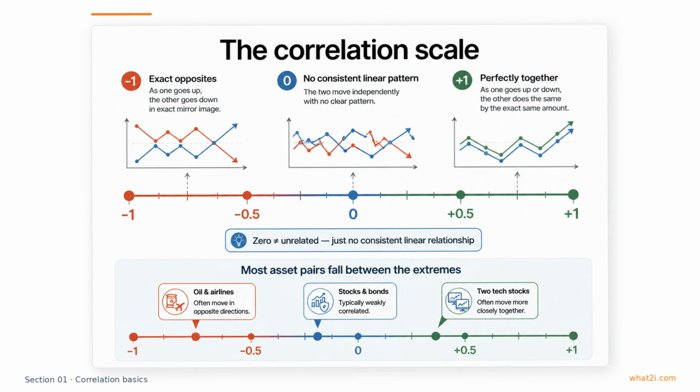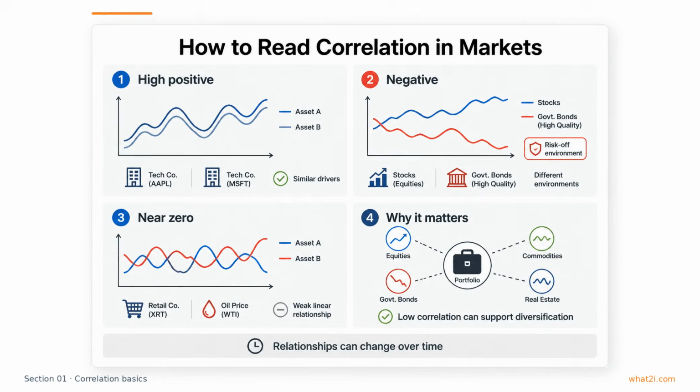That makes the scale useful because it gives us a common language for comparing relationships across sectors, asset classes, and strategies. When you read correlation in markets, you are really asking what forces are driving two assets at the same time. A high positive correlation often suggests they respond to similar economic conditions, investor sentiment, or industry trends.